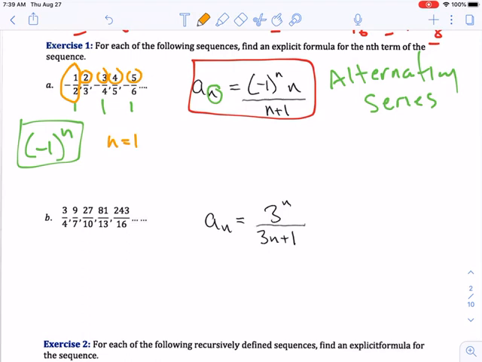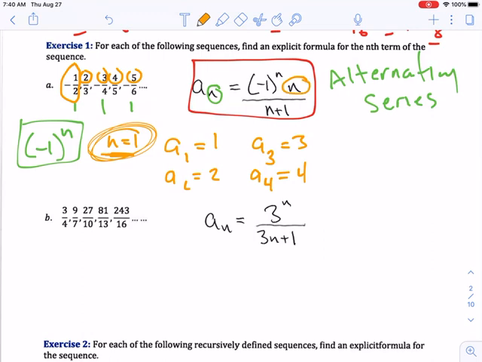So in each case, the numerator corresponds to the index. So a sub 1, the numerator is 1. A sub 2, the numerator is 2. A sub 3, the numerator is 3. A sub 4, the numerator is 4, on and on. So the numerator corresponds to the index, or the n value. So that's the second part of our formula.